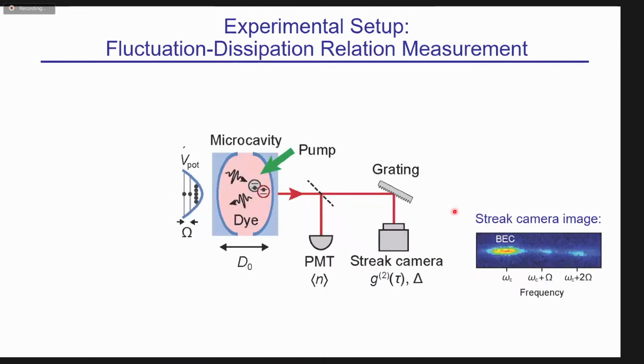This is the experimental setup, again using our microcavity and analyzing the fluctuations with the streak camera. We also measure the dye cavity detuning and the average photon number with a photomultiplier and the streak camera respectively.